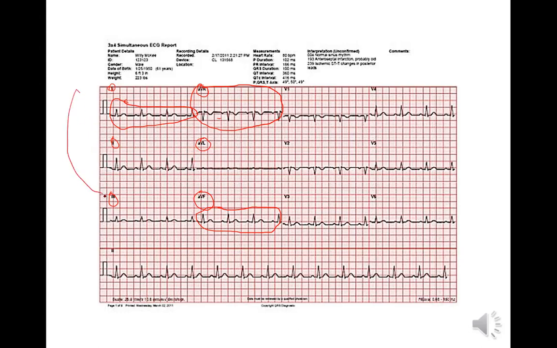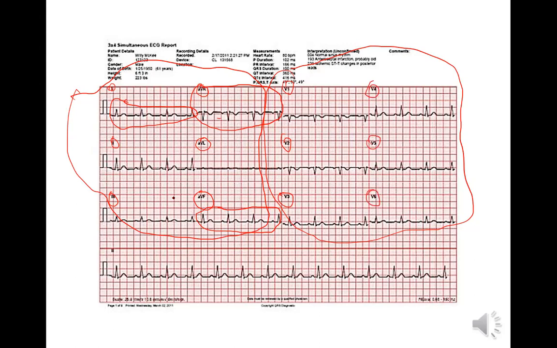So all of these are your axial leads, frontal leads, limb leads. Then we have all samples now of your precordial or horizontal or transverse or chest leads: V1, V2, V3, V4, V5, and V6.